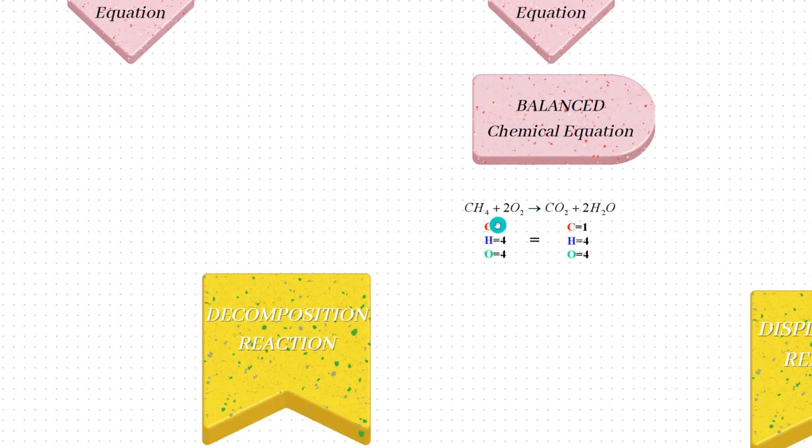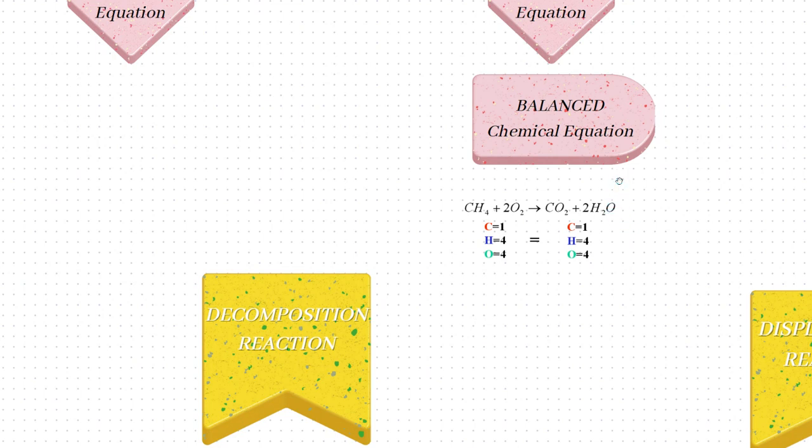CH4 plus 2O2 gives CO2 plus 2H2O. Before the O2, you can see a 2. How did it come? First, there was one carbon, four hydrogen, and two oxygen on the reactant side. But on the product side, there was one carbon, three oxygen, that is CO2 plus H2O, and two hydrogen.